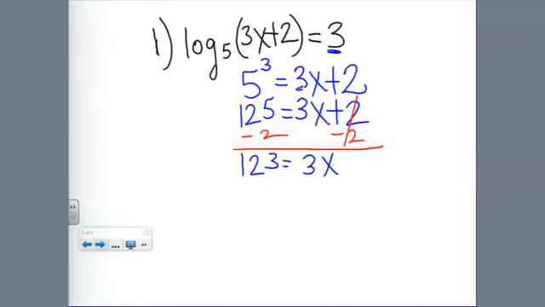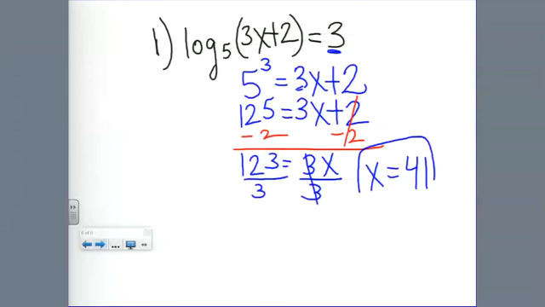And the last step, divide both sides by 3, and that gives us positive 41 for our answer. Another stipulation is, I believe your base has to be positive in order to solve a log equation.